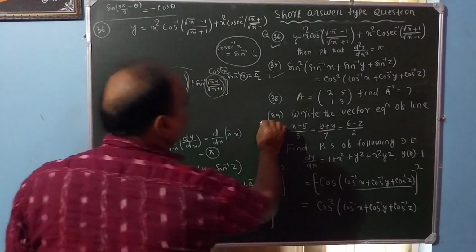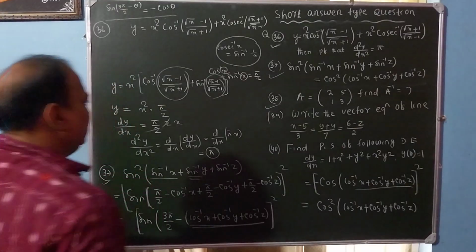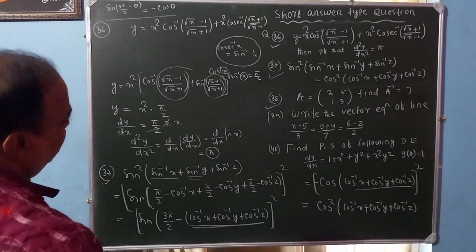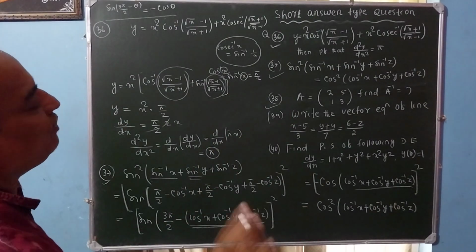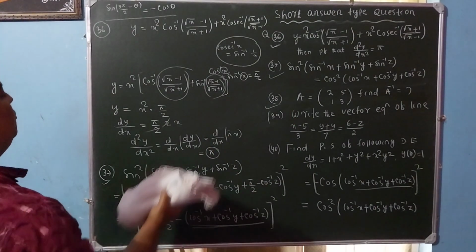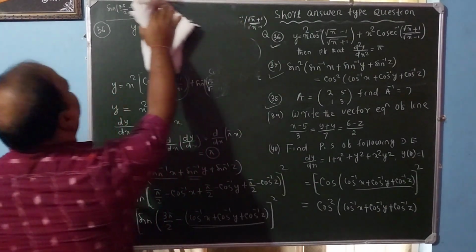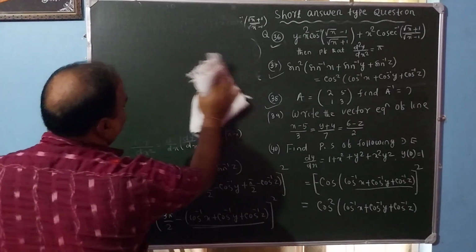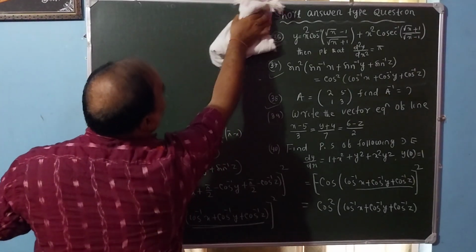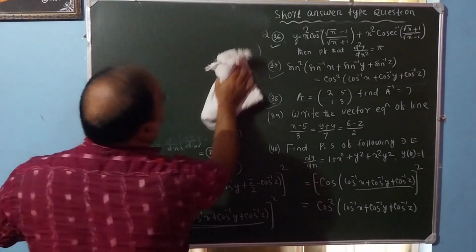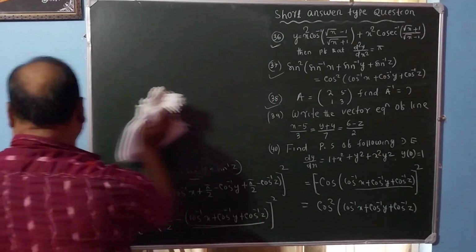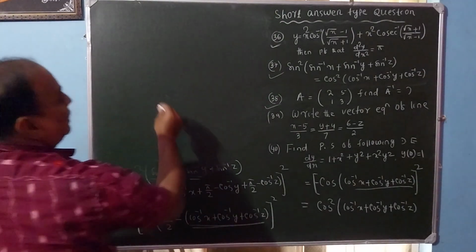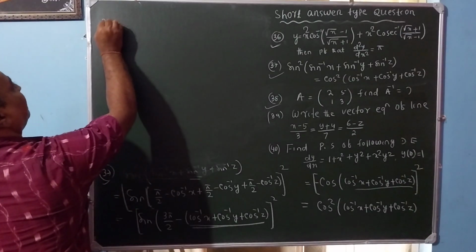Now we are discussing question number 38. Okay, A is equal to the matrix [2 5; 1 3]. Find A inverse. How to find A inverse? Write down 38.